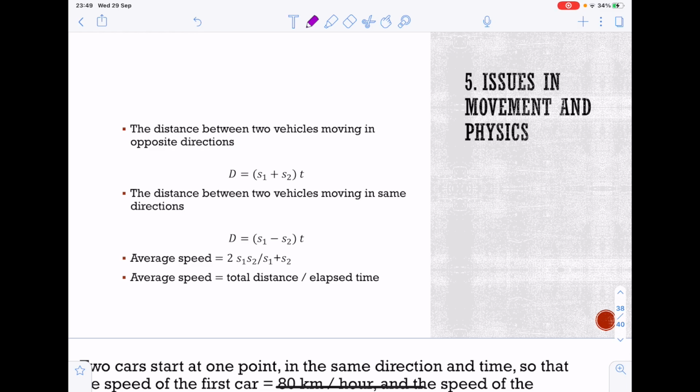Okay, now we have some questions about movement and physics. This is the most popular formula that you might need in the exam.